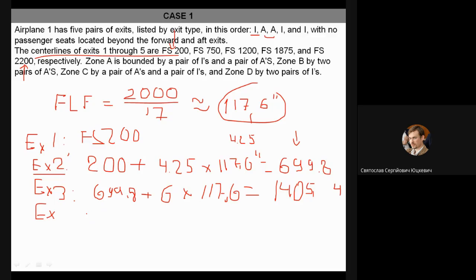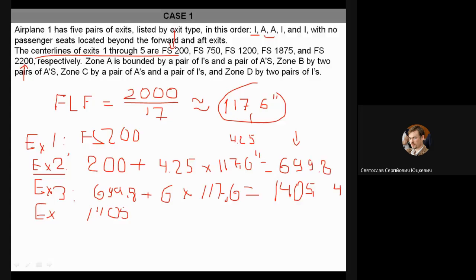For exit 4, it will be 1004.4 plus 4.25, because we talk about A and I, multiplied by the fuselage length factor.